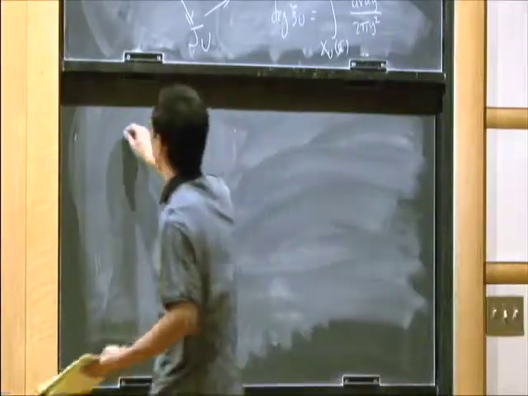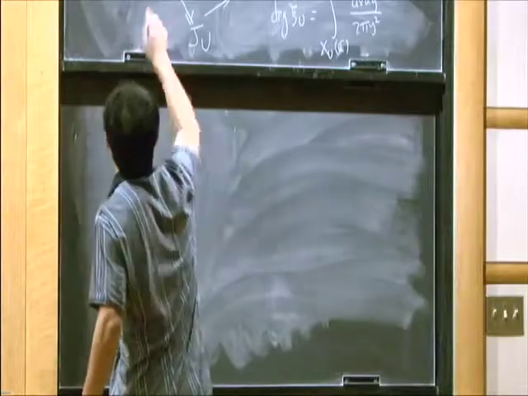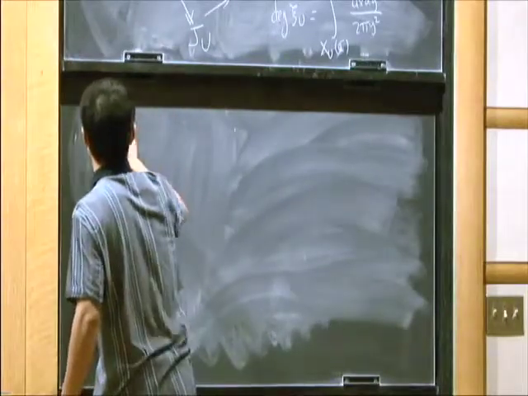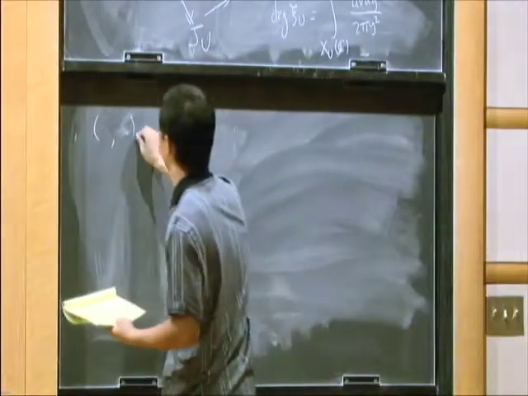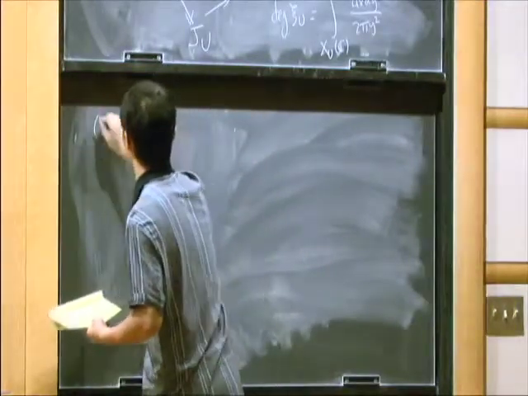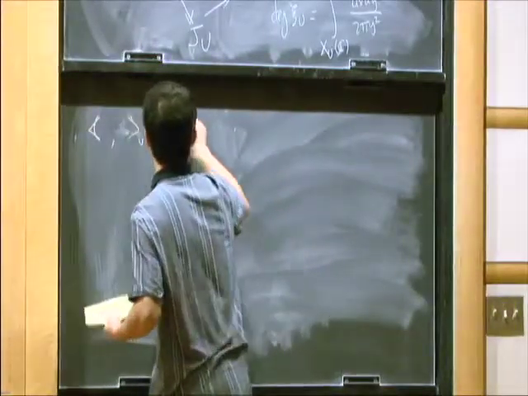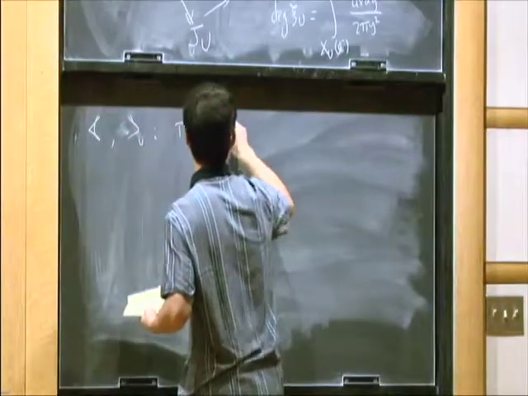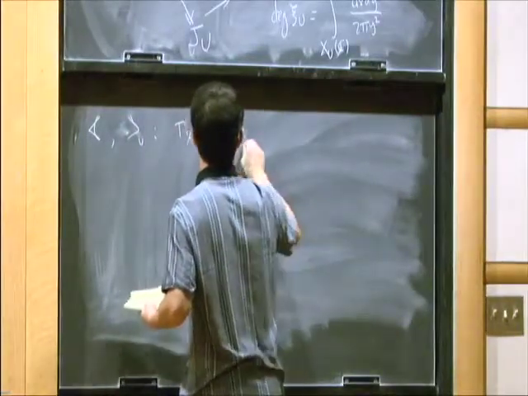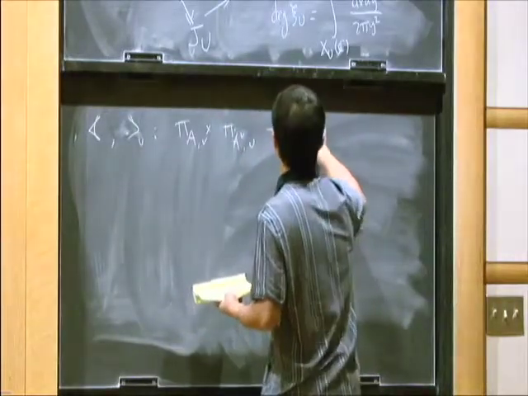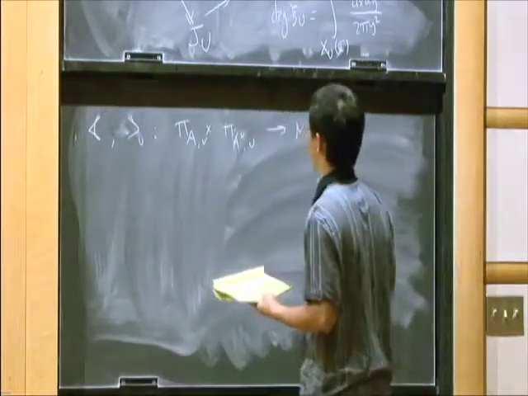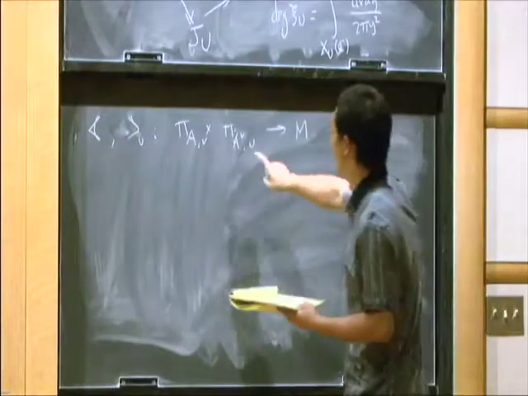So now this pi A, this pairing induces, locally, abstractly, an equivalent pairing, pi A to M. So this is a local pairing.